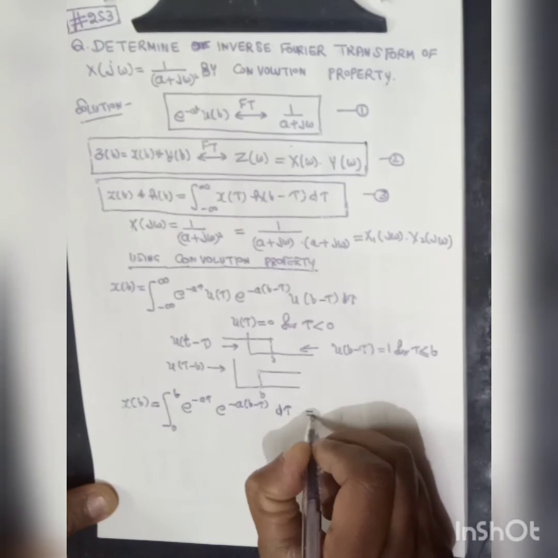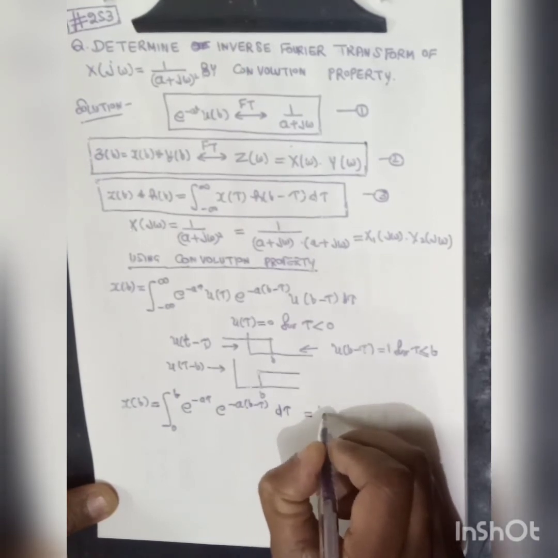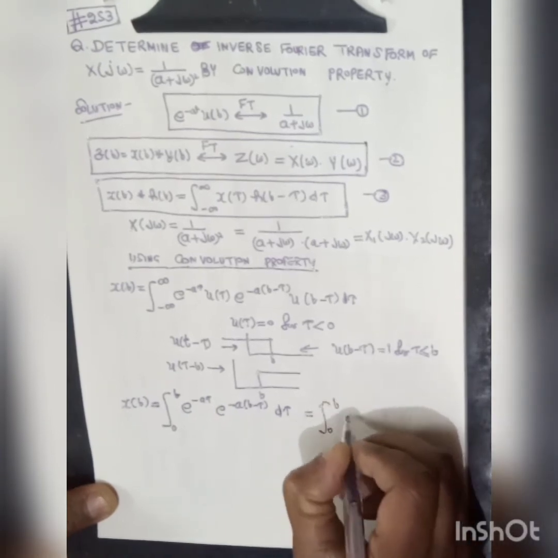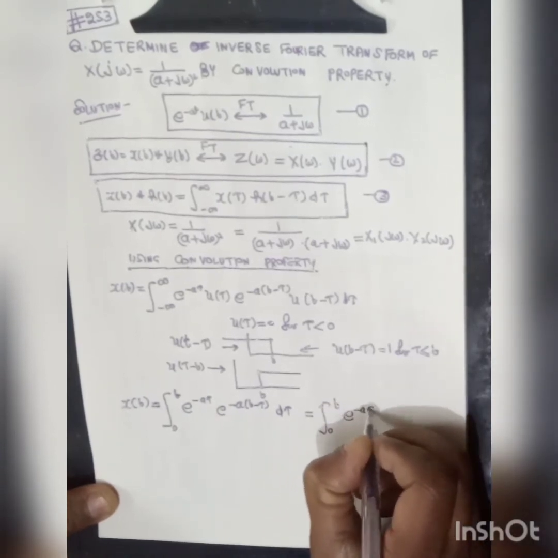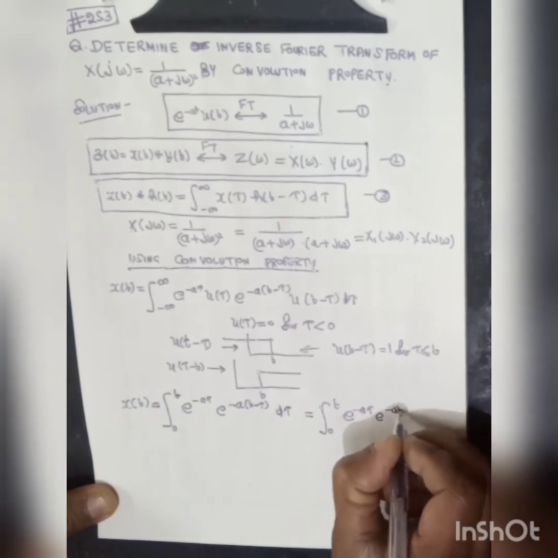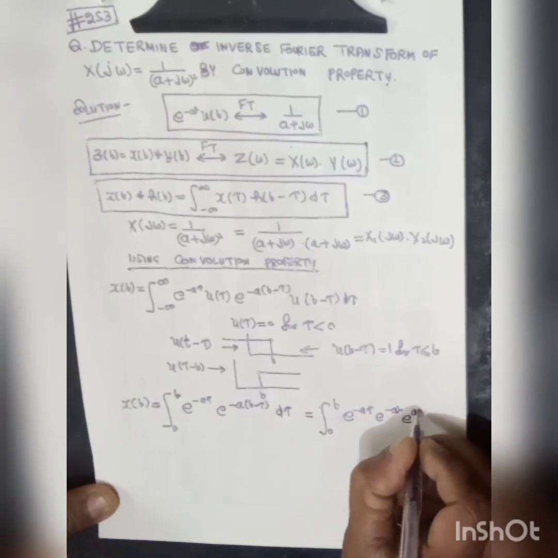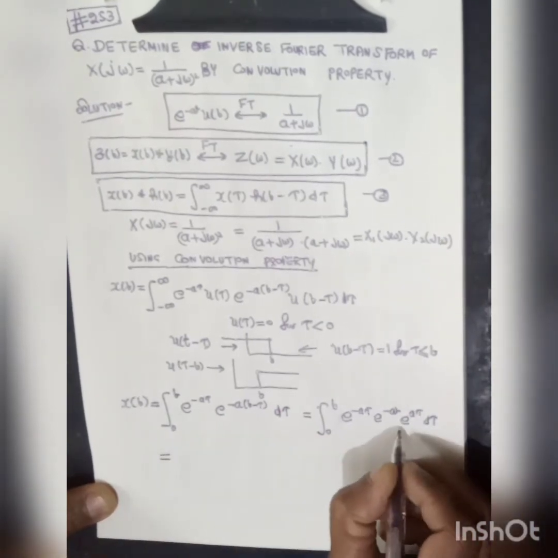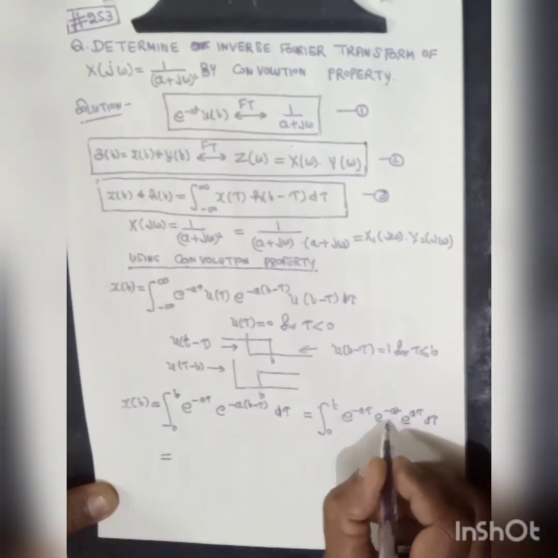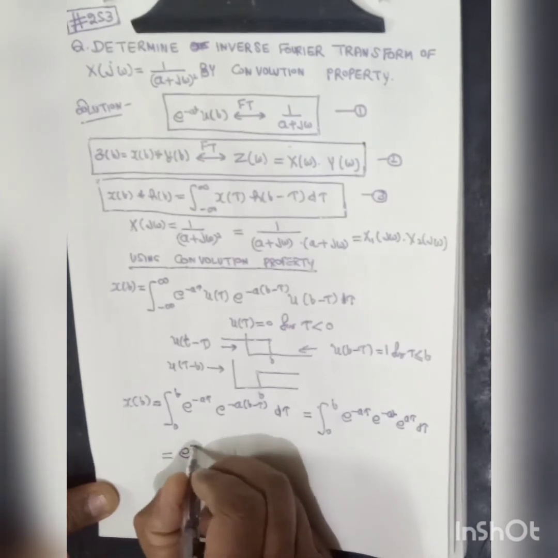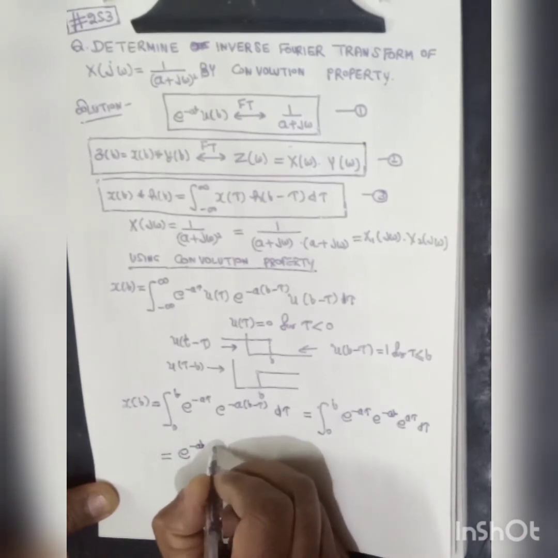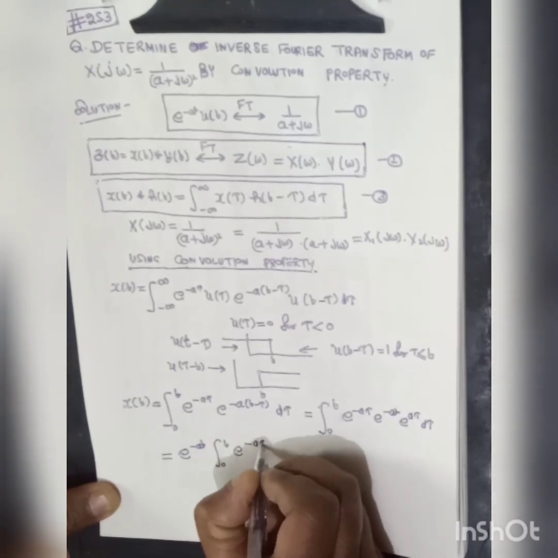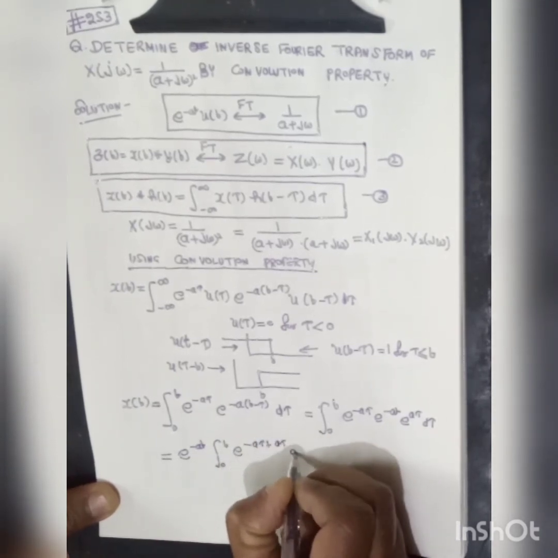So the integration will be from 0 to t of e to the power minus a tau times e to the power minus at times e to the power a tau d tau, because t is constant here. So e to the power minus at can be put outside, and here it will be the integral from 0 to t of e to the power (minus a tau plus a tau) d tau.